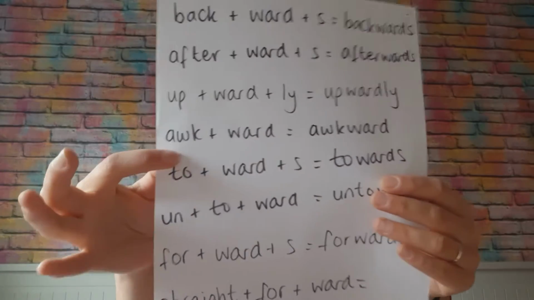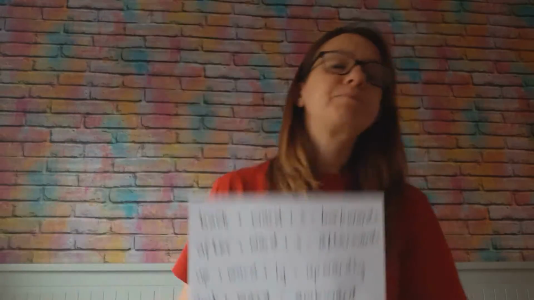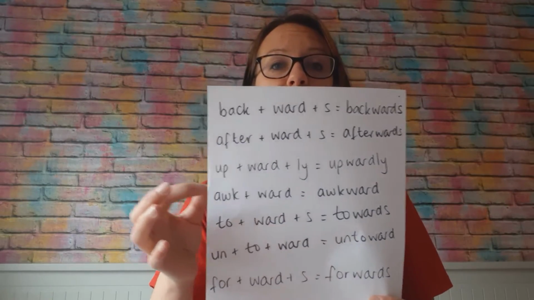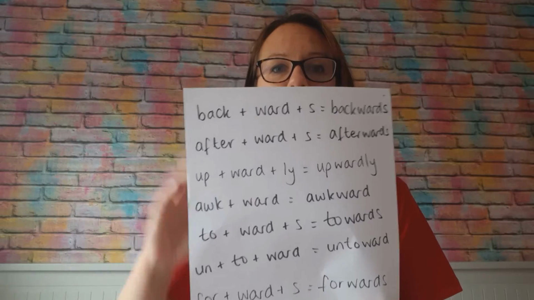Right, this is one of the most interesting ones, I think, because we've got this word awkward. Now, you might not think that's so much to do with direction, because it's more to do with explaining how somebody is, or something looks a bit awkward. Awk originally meant sort of going in a back direction, or something a bit wrong.